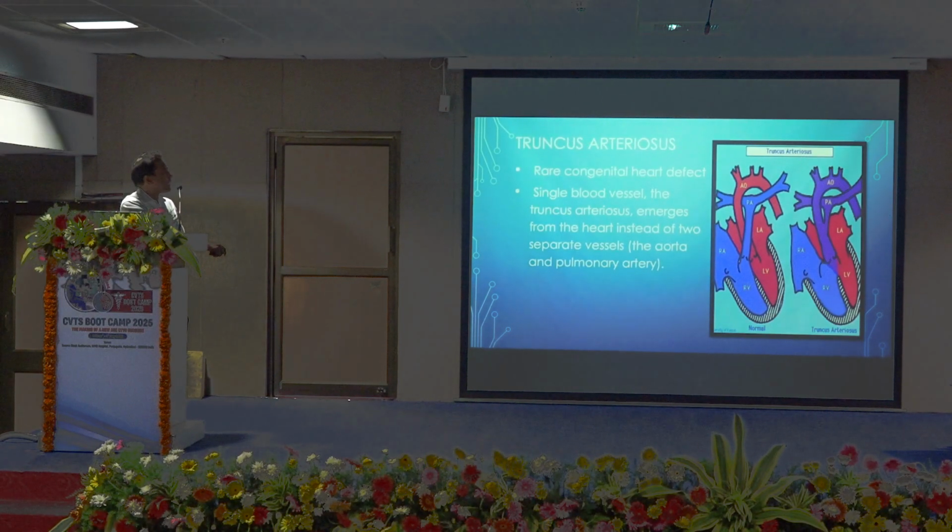Coming to truncus arteriosus, this is again a rare subset, where a single blood vessel emerges from the heart instead of two separate blood vessels. You see, this is the normal heart, and here the common trunk is arising from the ventricle. There will be an associated VSD, and this common trunk gives rise to the pulmonary artery.